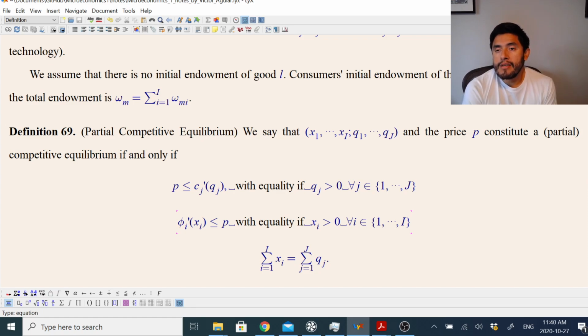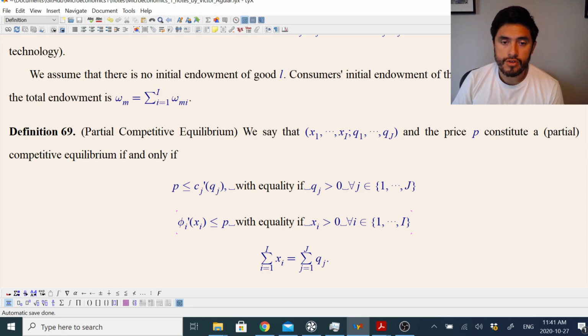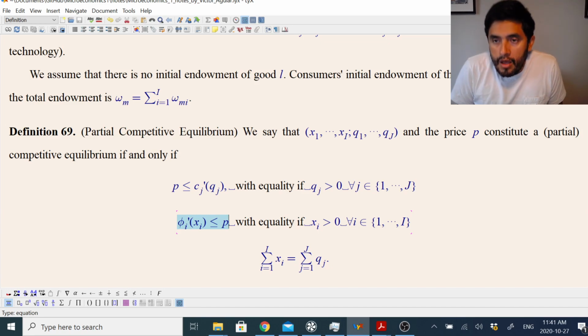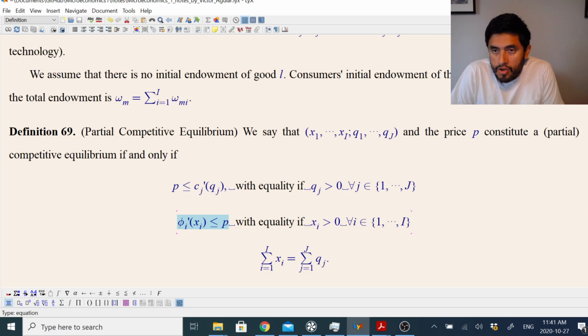Well, this is where the quasi-linear world helps a lot, because given that all the income effects entered by Walras law on the consumption of the numeraire, I can basically ignore the budget in the consumption of the non-numeraire goods. The consumption of the non-numeraire goods is completely determined by first order conditions. So by solving these first order conditions, I can determine completely the consumption of the non-numeraire goods. Therefore, for this market of the non-numeraire goods, I don't need a budget at all.